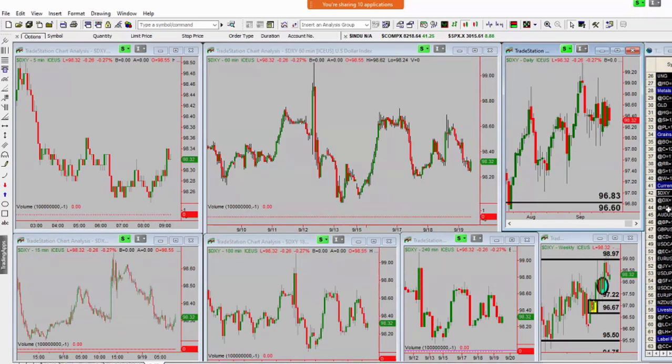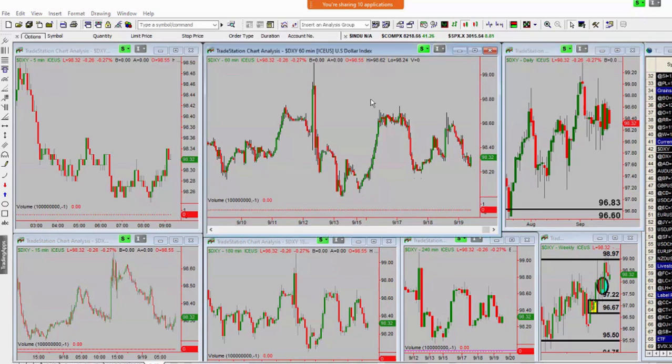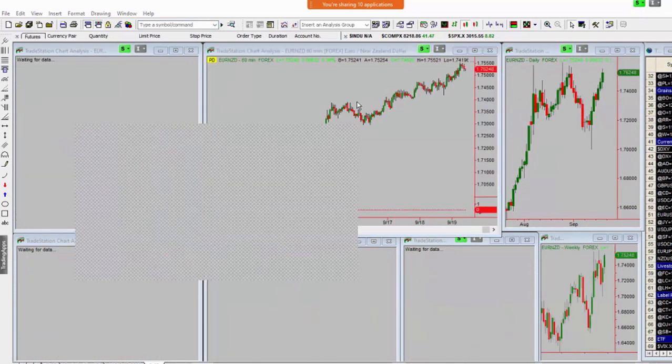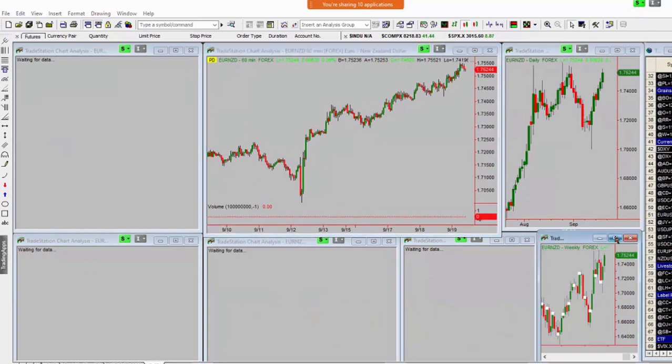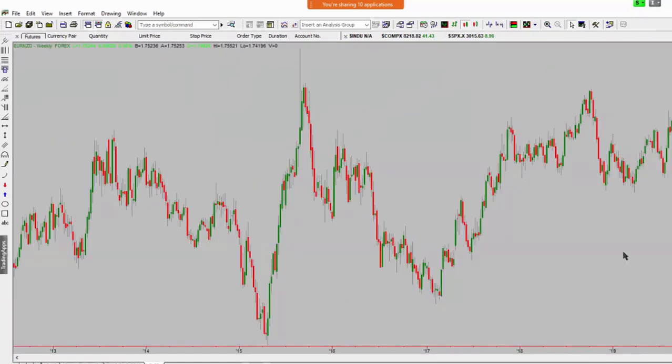So yeah, we can look at that market you wanted to take a look at. Just a second here. Want to look at the euro against the New Zealand dollar? Sure. I think you were saying possibly the weekly chart.